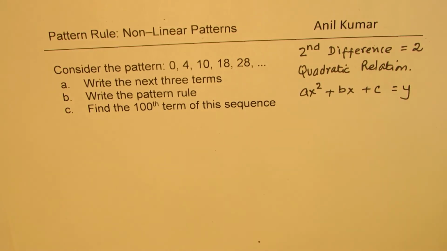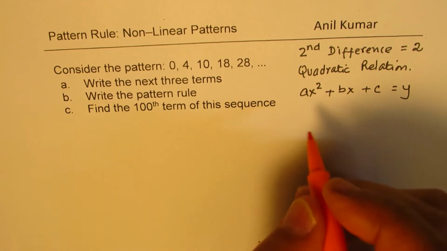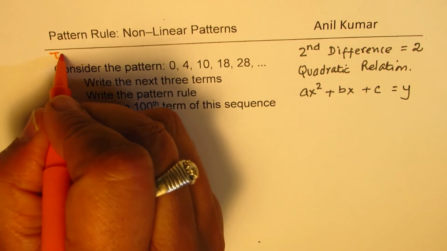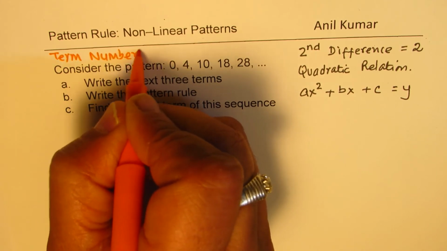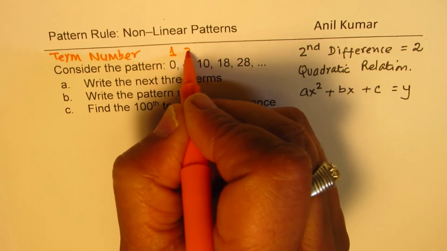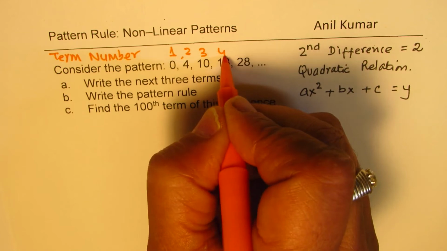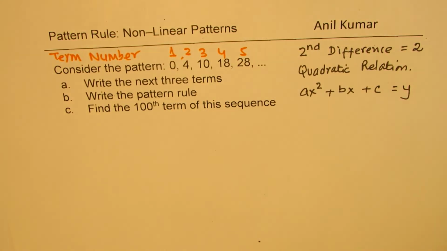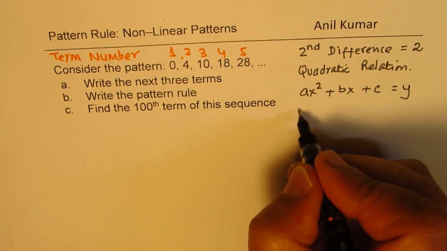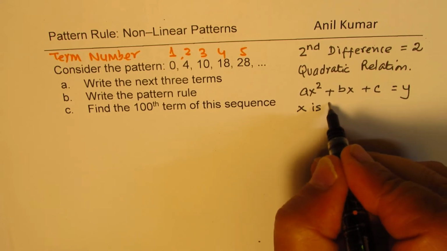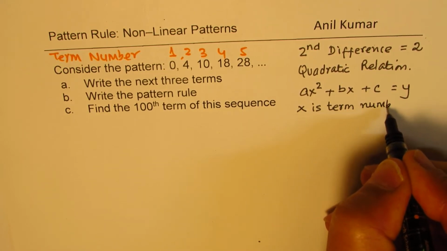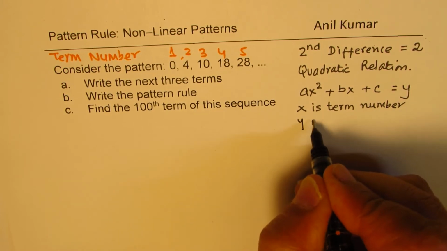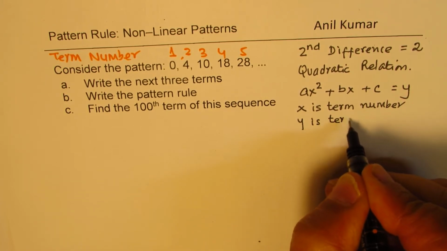Now here, x is the term number. So we can write the term number here, which is 1, 2, 3, 4, 5, right? So in this case, x is the term number and y is the term value.